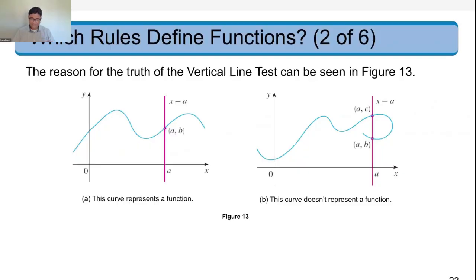Let us see examples. On the left side, you see the shape of that function. You have this vertical line. Not only this, anywhere, even if you move it from left to right, at any position it is only going to intersect at one point on the graph, right? It passes the vertical line test. It is a function.